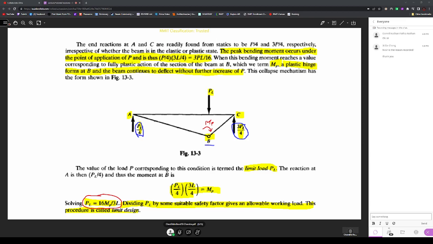Okay, so this plastic moment develops, then the load is called the plastic load. So when the load is the plastic load, then you can calculate the plastic moment.